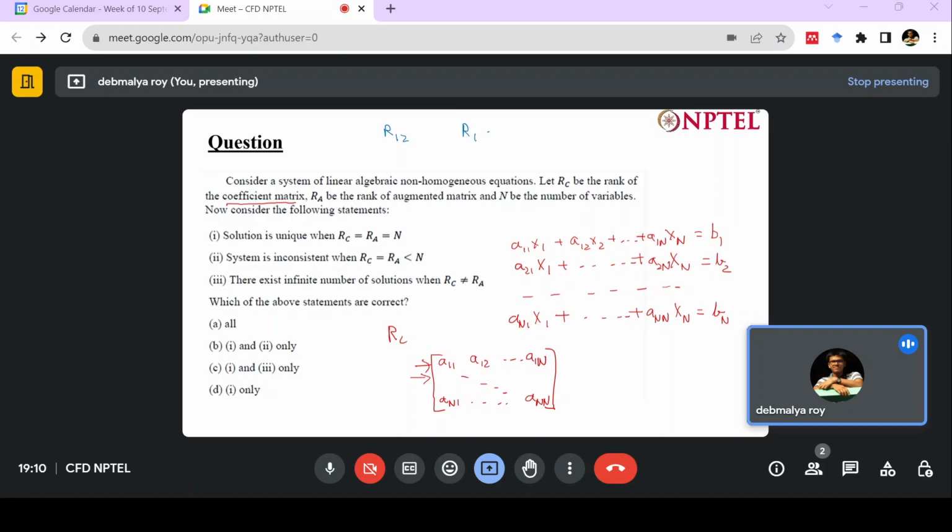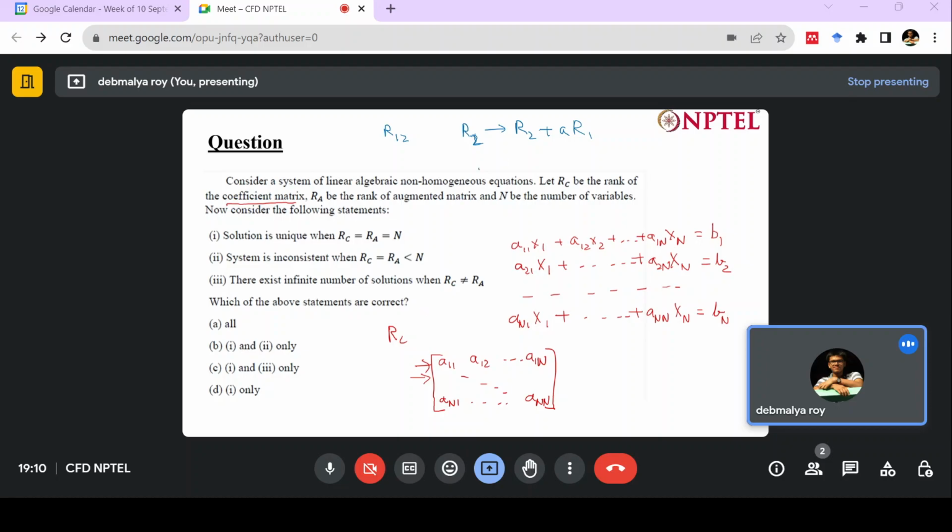The other operation is, let's say for R2, the new R2 will be the old R2 plus some scalar multiplied by R1. So we can multiply a scalar with some other row and add it to another row, the row in question.